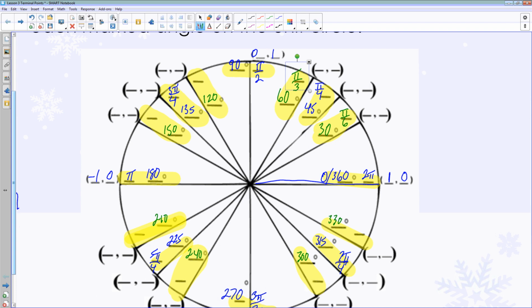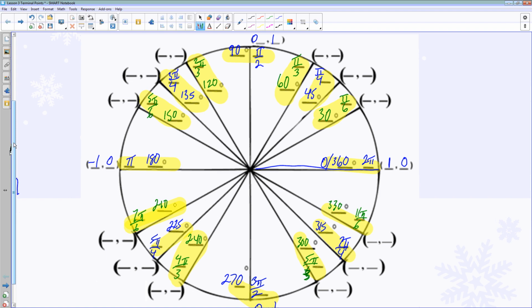Okay, and then 3 pi over 6 is pi over 2, 4 pi over 6 is 2 pi over 3, and then 5 pi over 6, 6 pi over 6 is pi, 7 pi over 6, 8 pi over 6 is 4 pi over 3, 9 pi over 6 is 3 pi over 2, 10 pi over 6 is 5 pi over 3, and then 11 pi over 6 will finish us off there. Okay, so that's what we have so far, and we'll end up going back to this picture in just a little bit as we go through the notes.